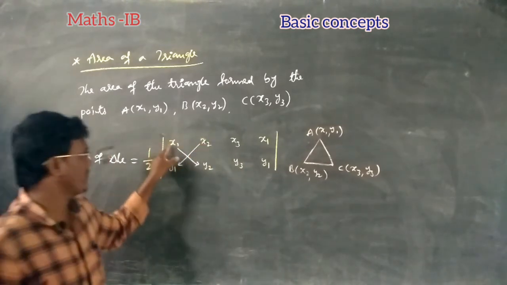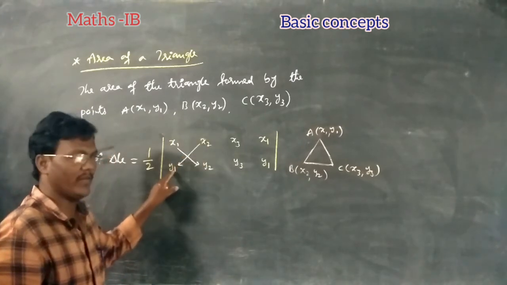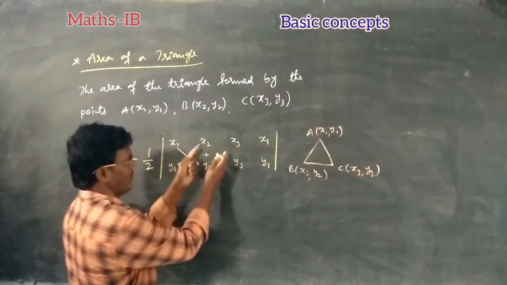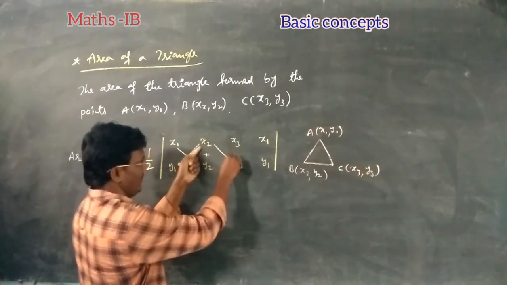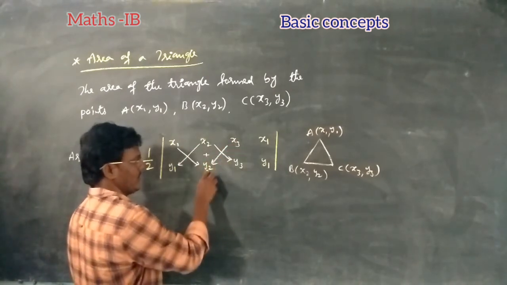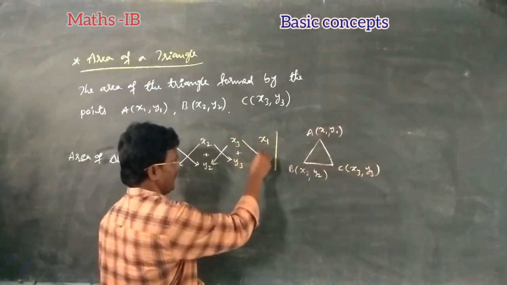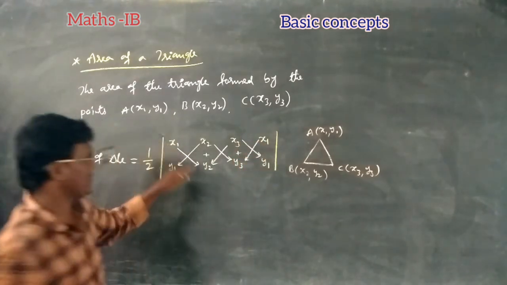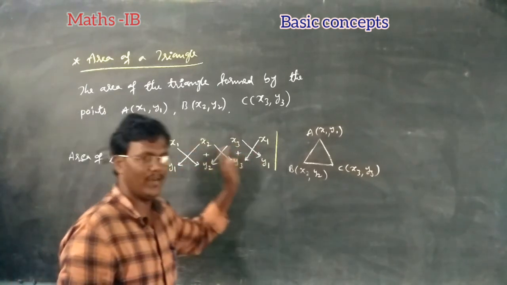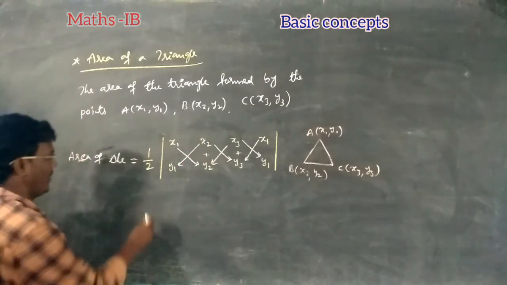Next I have to add the next term: x2 y3 minus x3 into y2. Cross multiplication and add, cross multiplication and add. So we are getting the area of a triangle.